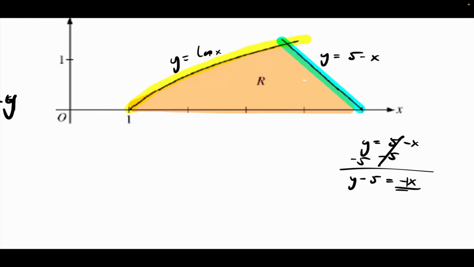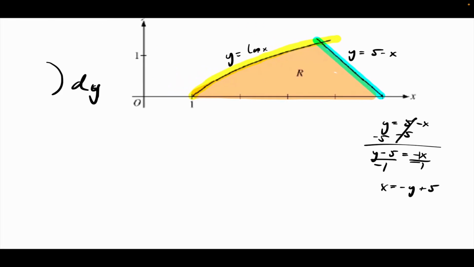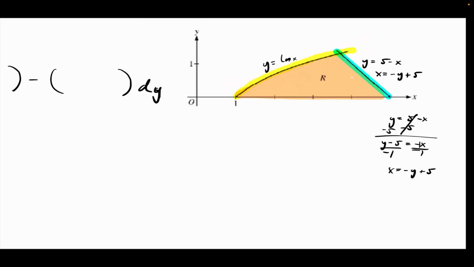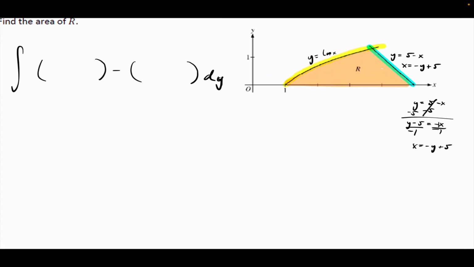Divide by -1, divide by -1, I get x equals -y plus 5. I solved for x. So that's the right curve. -y plus 5.